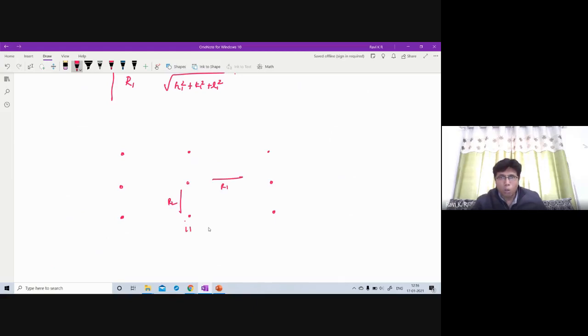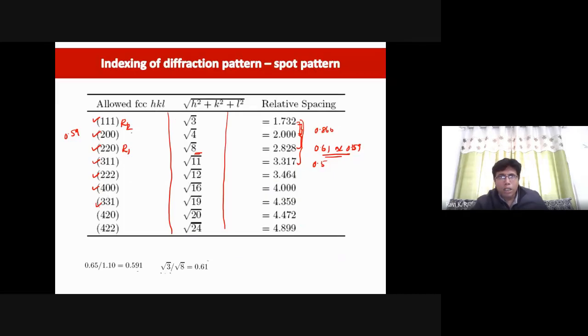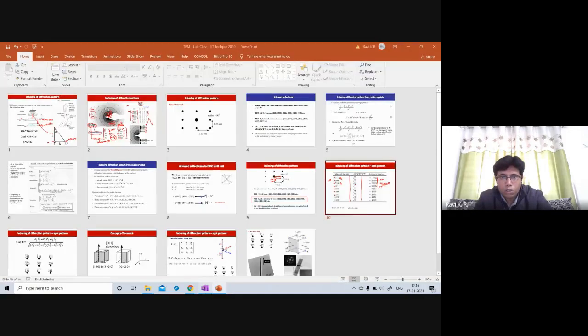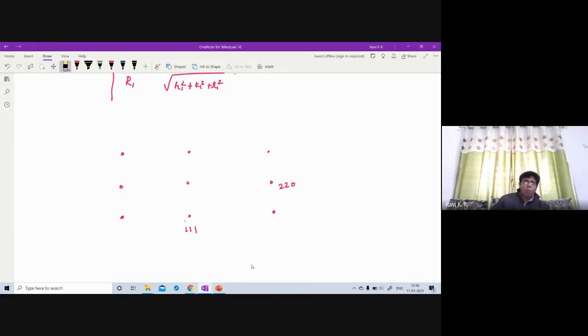This is actually your now 111. Correct? R2 is actually 111. R1 is actually 220. Okay. I'll remove this part. Now I have two planes.